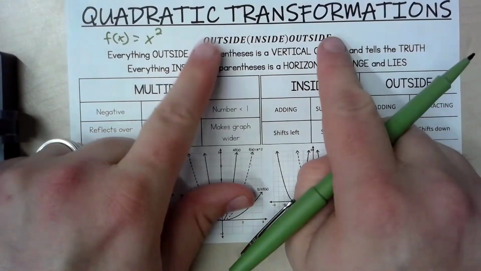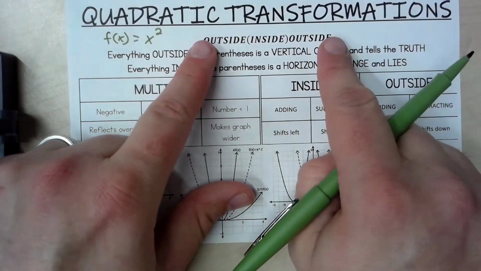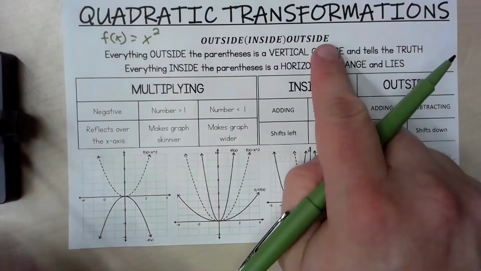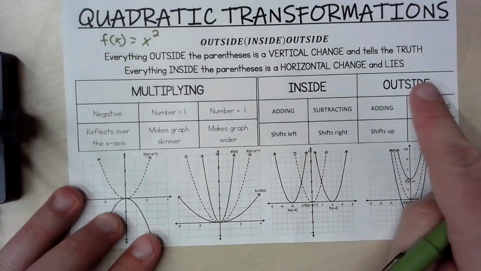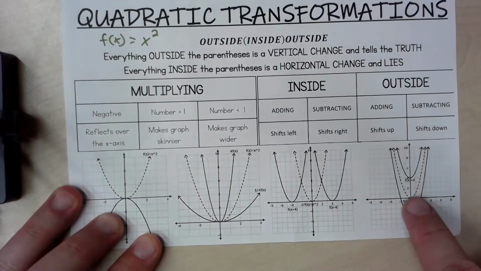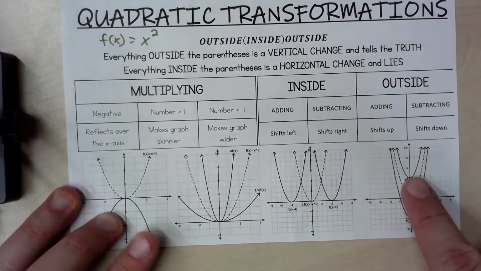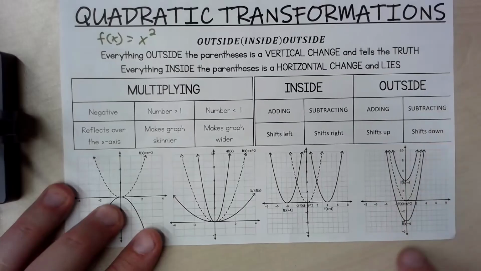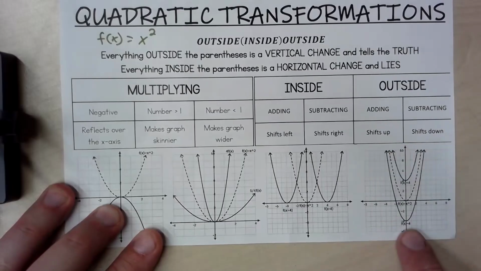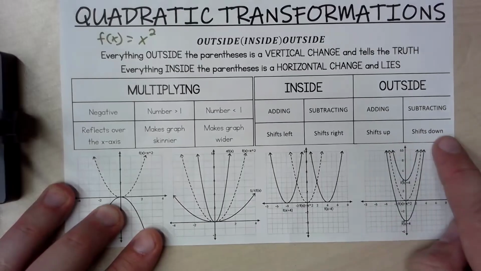So multiplying on the outside will make it either skinnier or wider, and adding on the outside moves it up. That makes sense. Subtracting on the outside moves it down. So +4 on the outside of my parentheses moves it up. -4 outside of my parentheses moves it down.